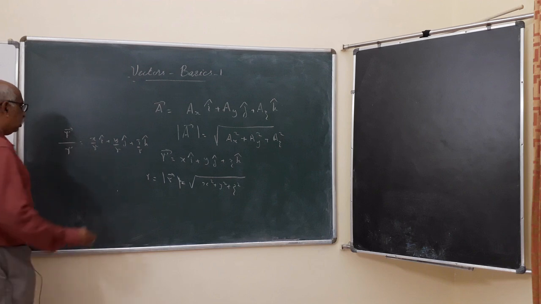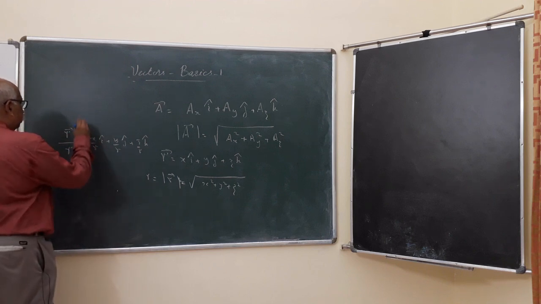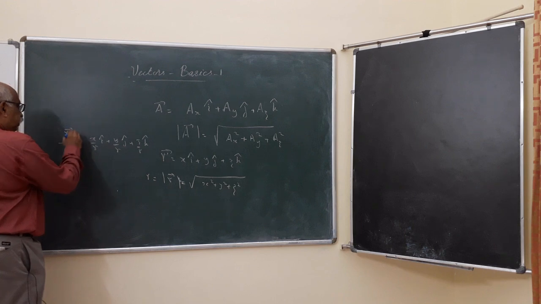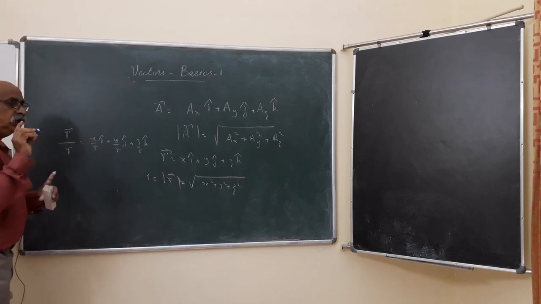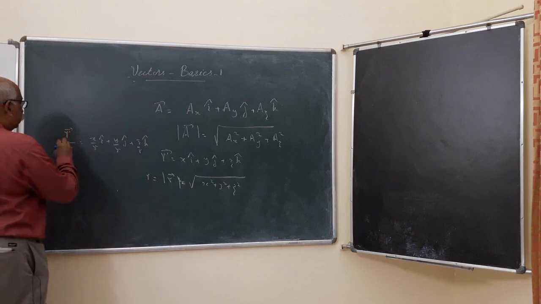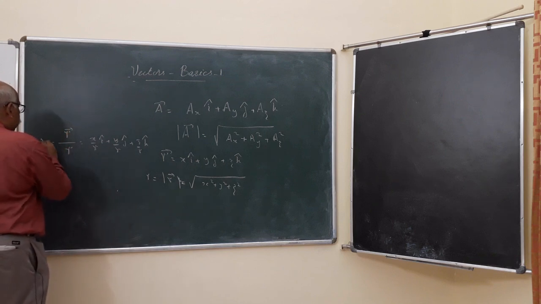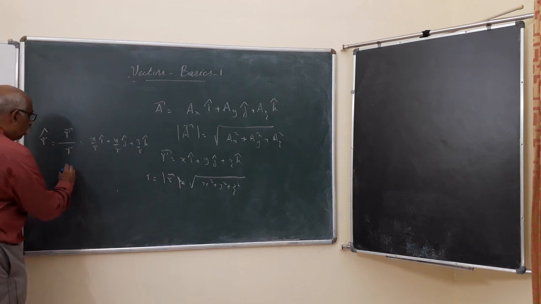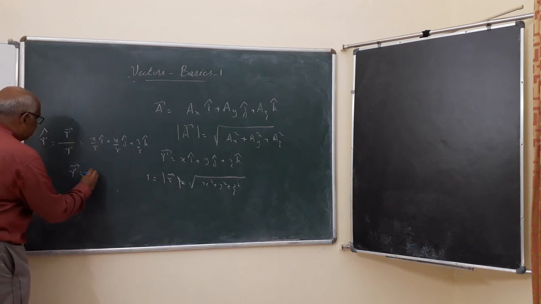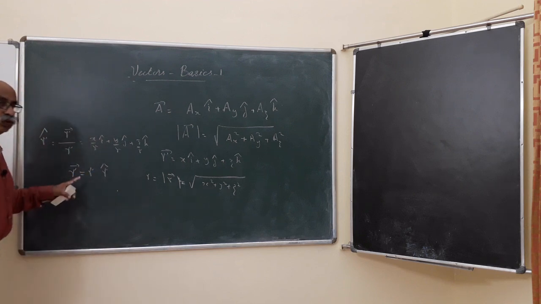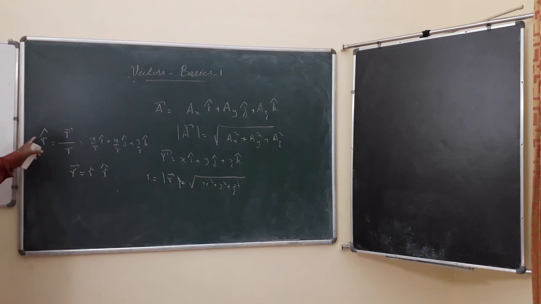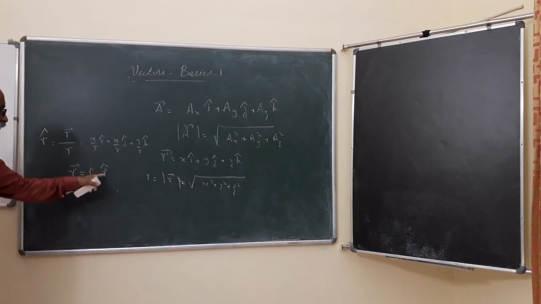Now this vector r can be written as equal to this. What is this? Vector r divided by the magnitude of that vector is a vector parallel to r but having unit magnitude. That is, this is a unit vector in the direction of r. So vector r can be represented as magnitude of vector r times a unit vector in the direction of vector r.